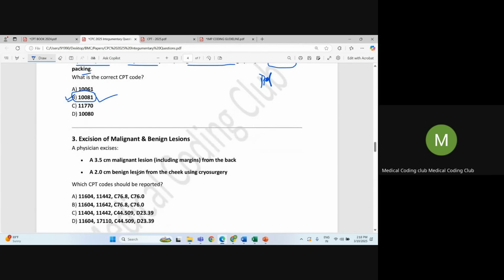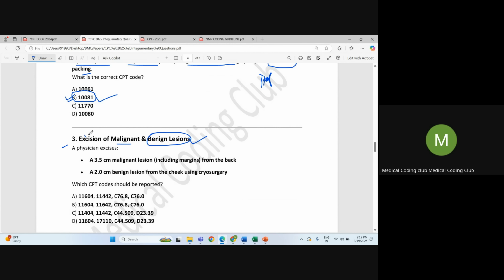Next we have the excision procedure. In this question, they asked a combination of malignant lesion excision and benign lesion excision. But for the benign lesion, the procedure is not excision. Instead, it is a benign lesion destruction procedure.